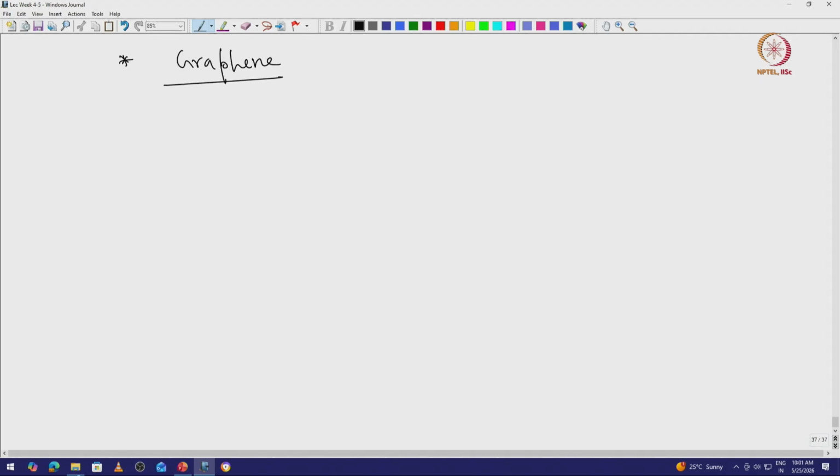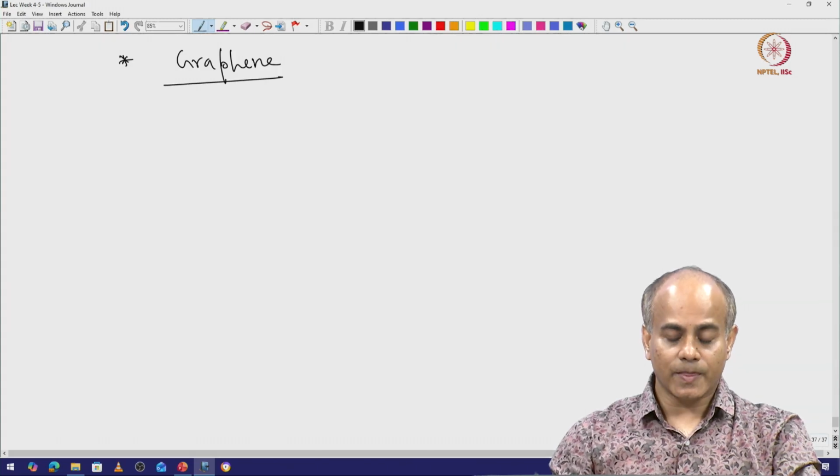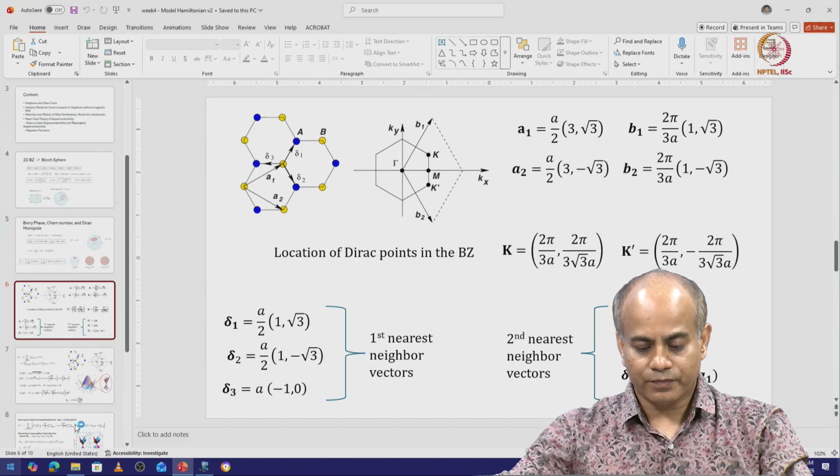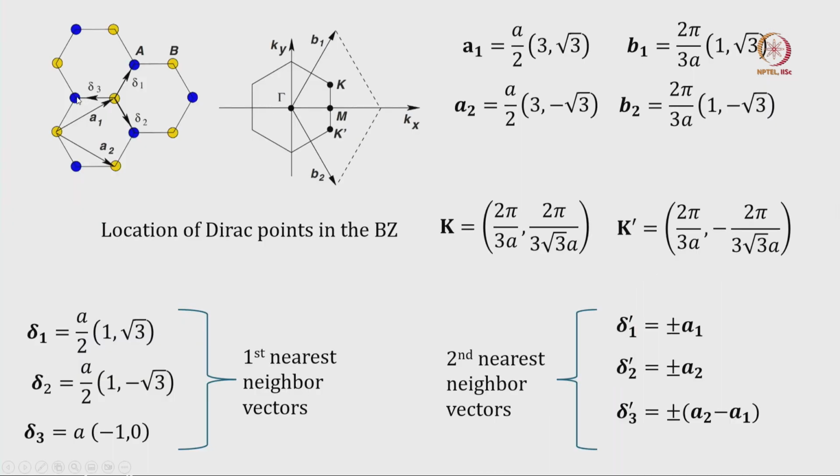So, graphene, it's a honeycomb lattice, okay, and a honeycomb lattice is a hexagonal lattice which is not a Bravais lattice. A Bravais lattice is when at all the lattice points you have the same atom, and you can see that you do not have the same atom. This environment and these environments are different.